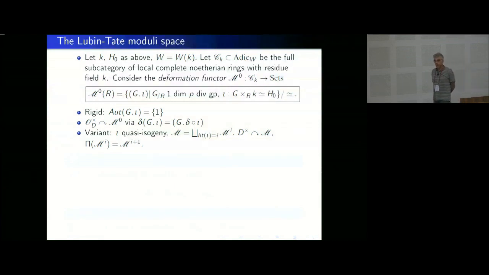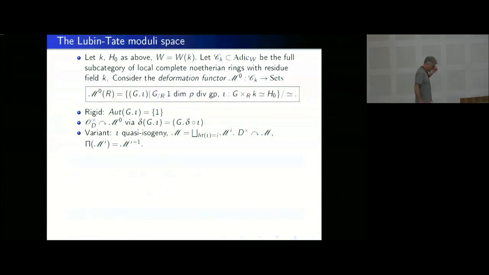And there is an important variant of this, which explains why I put the little 0 on top of M, in which you do not require iota to be an isomorphism, but only a quasi-isogeny. Now, because G reduced, G tensor K is abstractly, of course, isomorphic to H0. It has no choice.